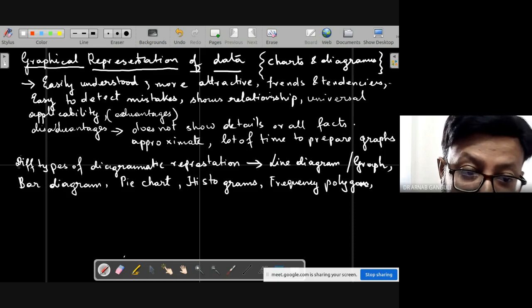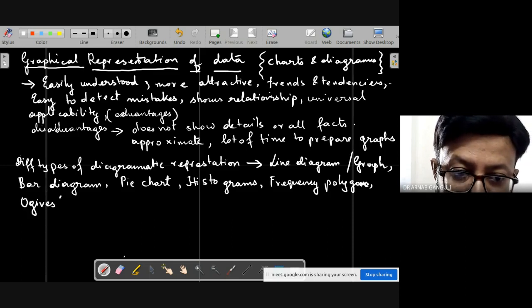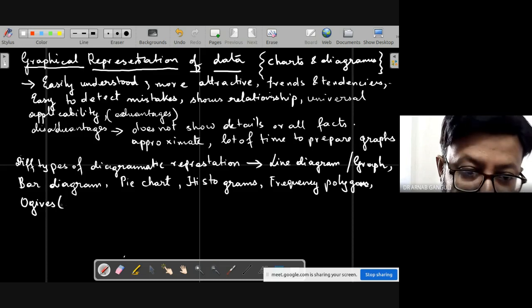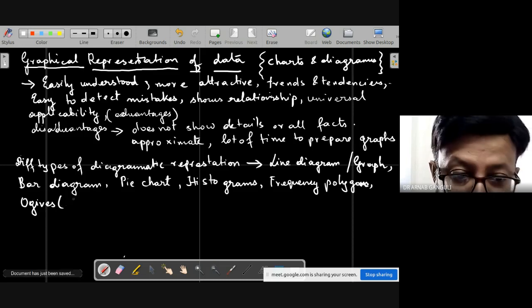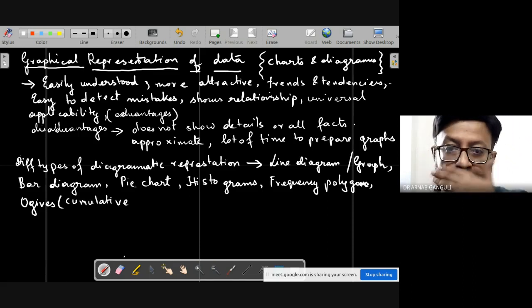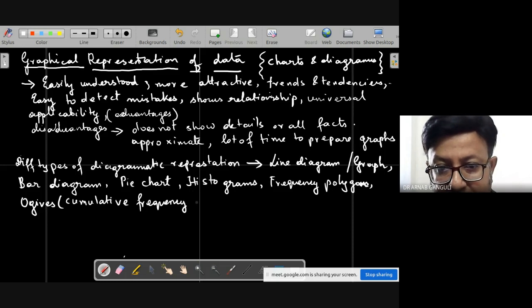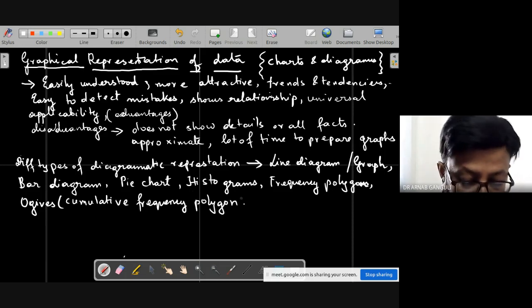And one more thing which you have not heard, ogives. Ogives are nothing but cumulative frequency polygon.